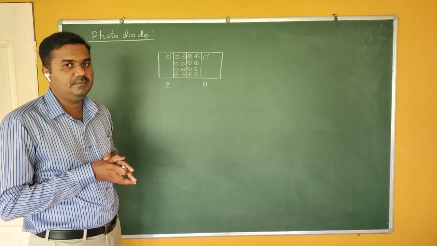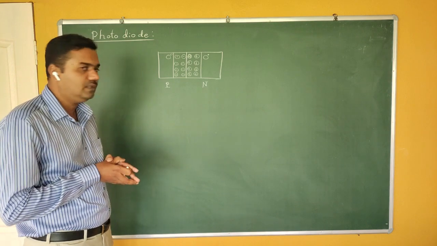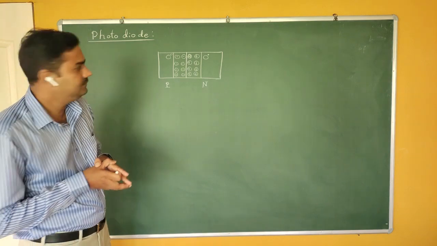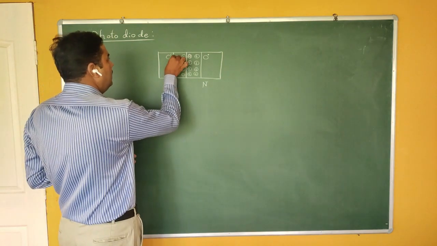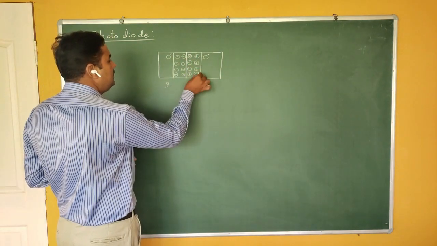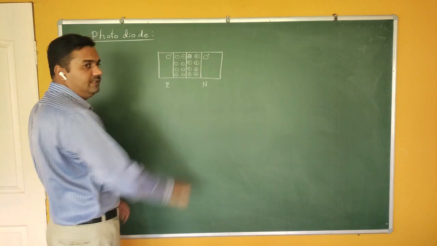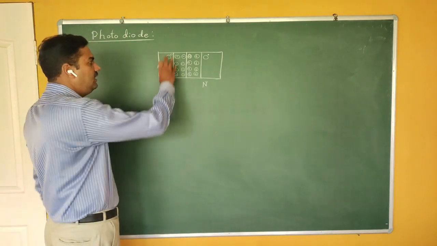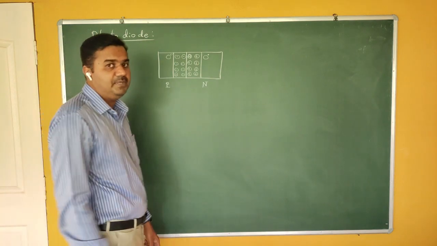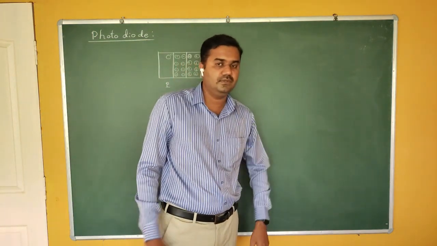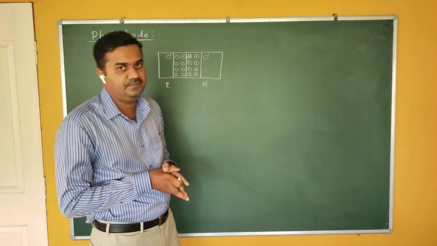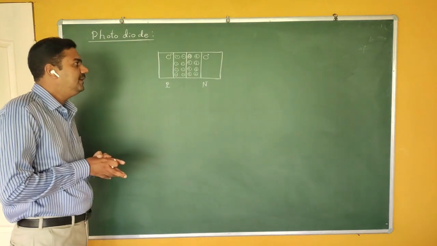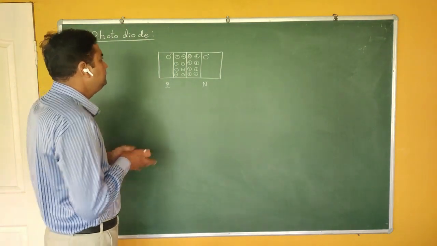When the diffusion current becomes equal to the drift current, it stops. Therefore a junction is created between P type and N type material. That junction is called the PN junction, and this region is also called the depletion region, where there are no free charges.